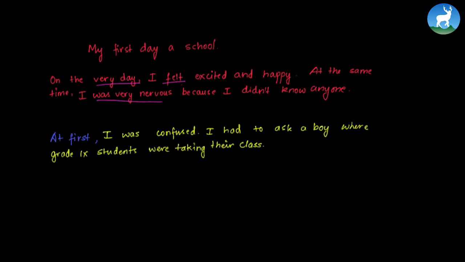So he's talking about the past where he's saying that he was very confused, and he also mentioned something at that moment which had already happened in the past. So there are two pasts. Let me write it down. Talking about past in the past.